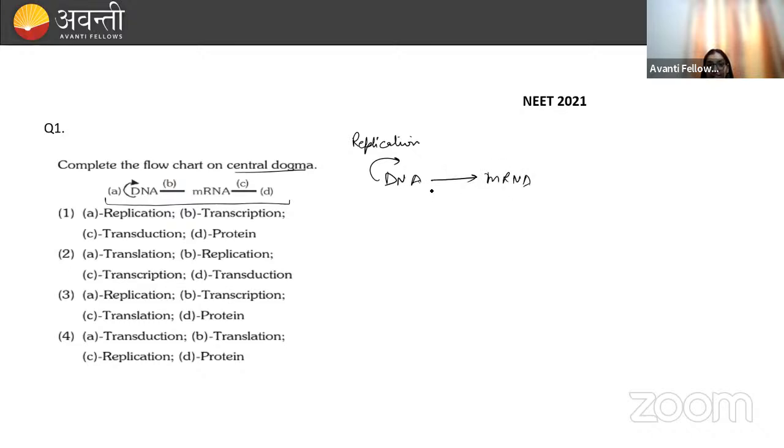This process is known as transcription. Now this mRNA will be converted to protein. This process is known as translation. Very good. Yes, the third: A replication, B transcription, C translation, and D protein. So the correct option is 3.